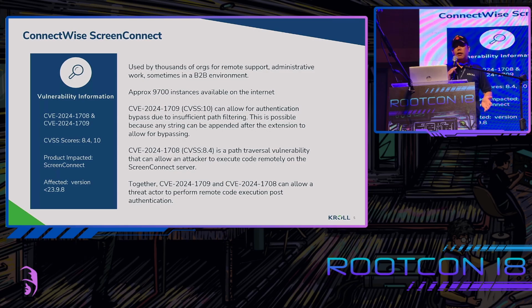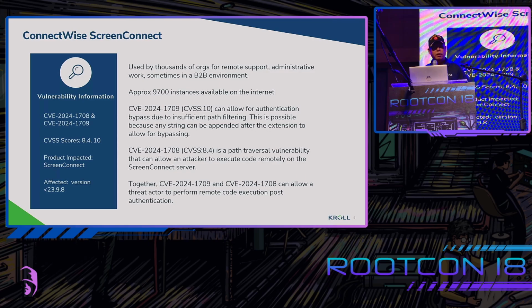Our scans, particularly in February when the vulnerability came out, showed that at one time we were seeing more than 9,700 instances. So at one time, there were around 9,700 endpoints using the ConnectWise ScreenConnect application.